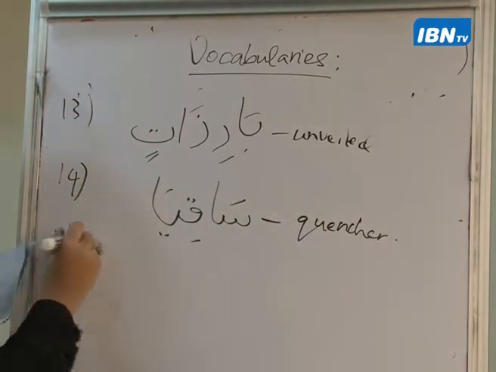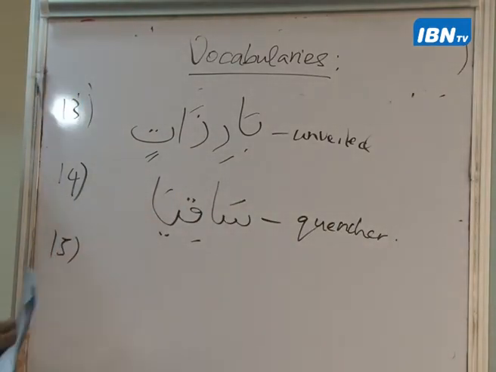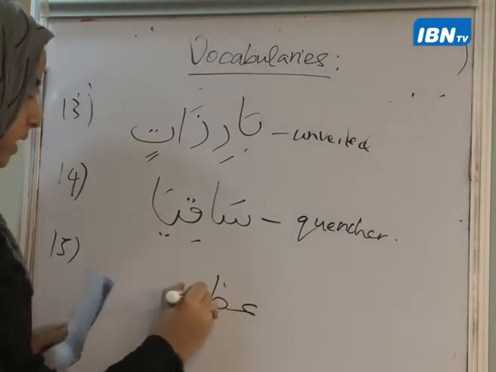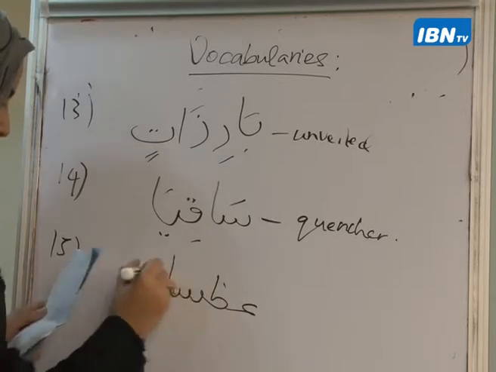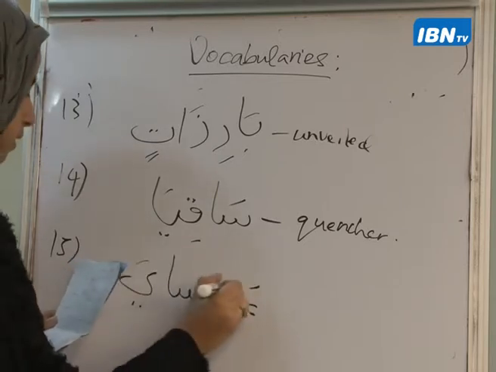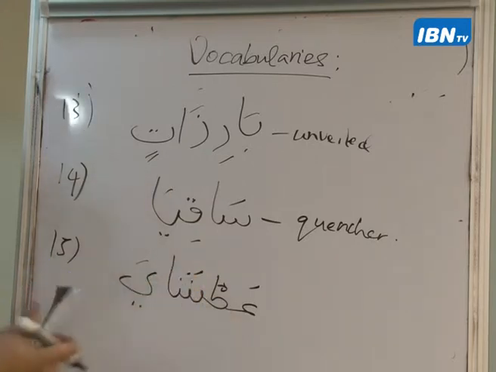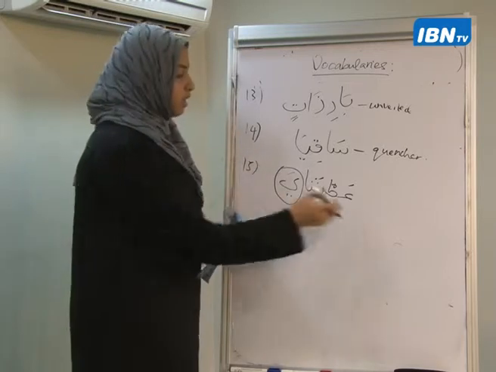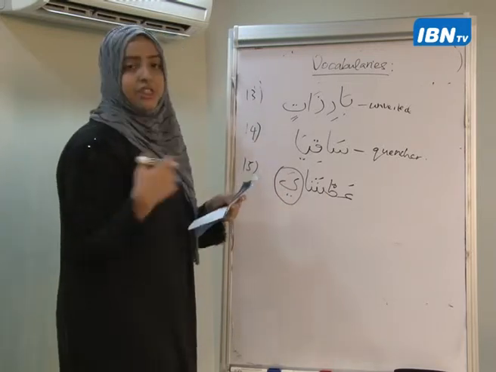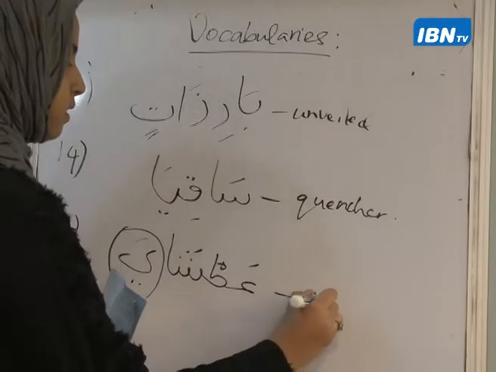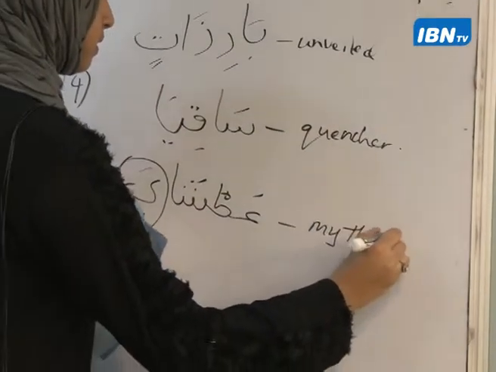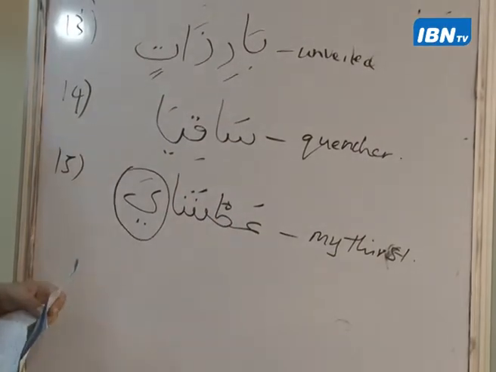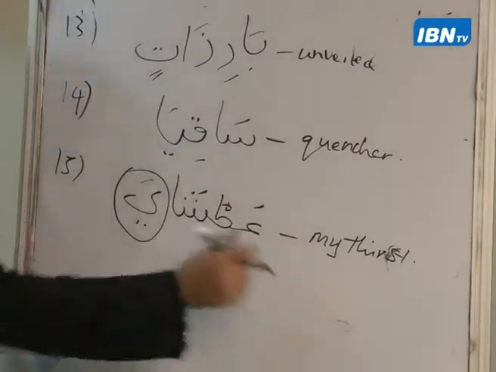Then we have atshaya. Again, if you notice here, there is ya. And what does ya mean? Possession, mine. Atshaya means my thirst. So we say ya saqiya al-atshaya, oh, the quencher of my thirst.